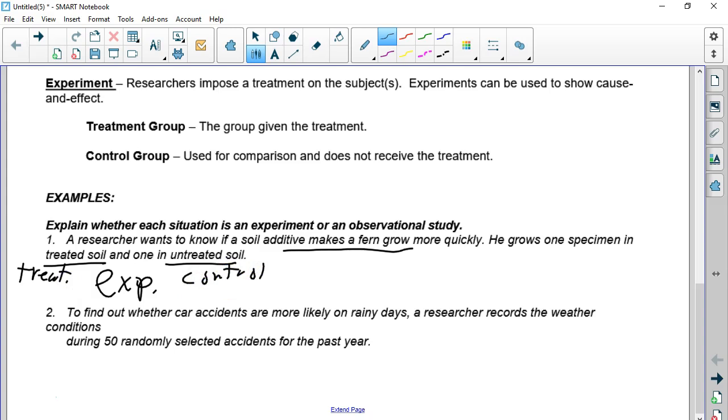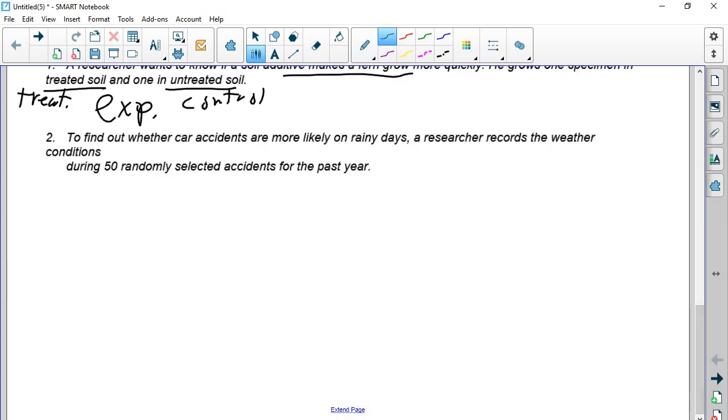Number 2, to find out whether accidents are more likely on rainy days, a researcher records the weather conditions during 50 randomly selected accidents for the past year. Okay, so this one, when they're just looking back at data, that's already happened, that's observational. Now you might say, well, aren't you looking to see if the rain caused the accidents?